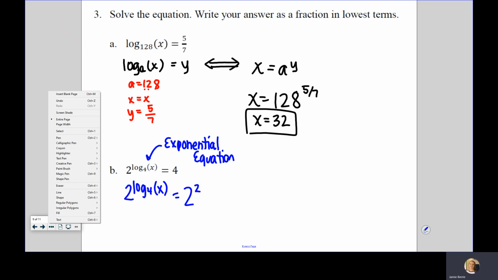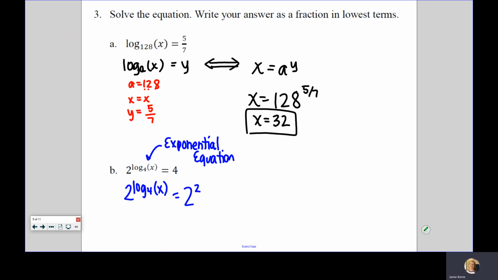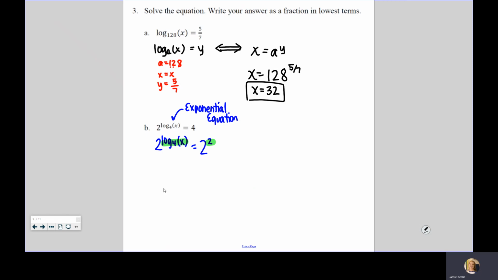Then we set the exponents equal to each other: log base 4 of x equals 2. Now we can do the same thing we did in the last one and use the definition of a logarithm to convert this over to exponential form.